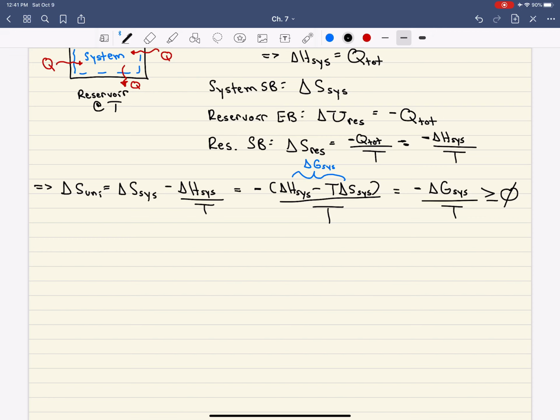So for an NPT system, what we find is that our delta G decreases for spontaneous, irreversible processes.